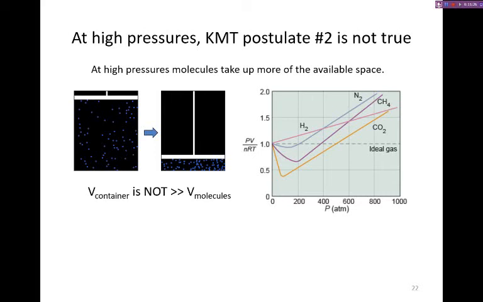And what we see is that at low pressures, from about 0 to 10 or so, most gases actually behave that way. But at high pressures, atmospheres in the 20s and the hundreds, those gases deviate significantly from the ideal behavior.